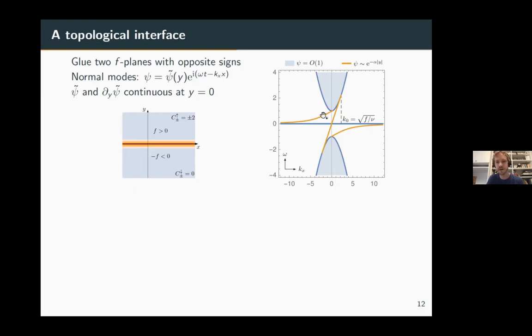And the other ones here and here are called the Yanai wave. So now if you focus on a specific spectral gap, we have 3 blue bands separated by 2 spectral gaps. Let's focus on the upper one, and we see 2 of these interface modes here.